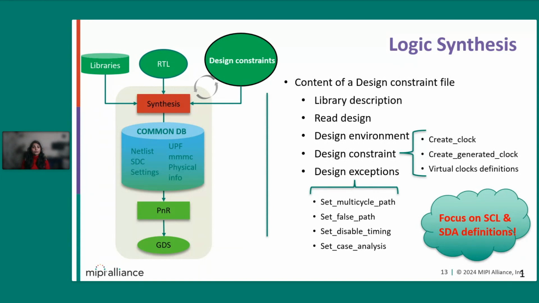Now, the most important is the design constraint part that defines create generated clock and virtual clock definition, where you can set maximum uncertainty, maximum latency, and set input output delays. Similarly, design exceptions are also very important, where we define multi-cycle path, false path, disable timing, and set case analysis.